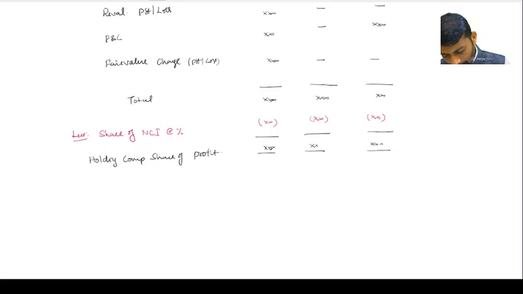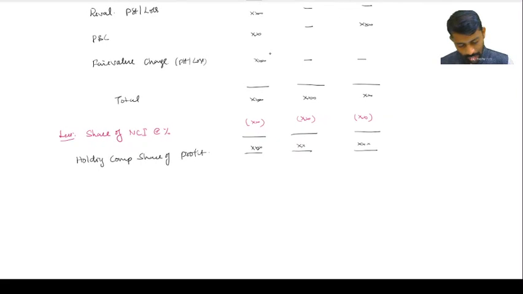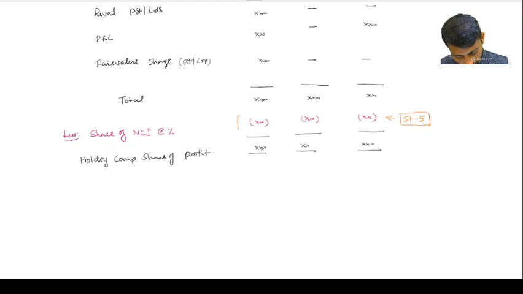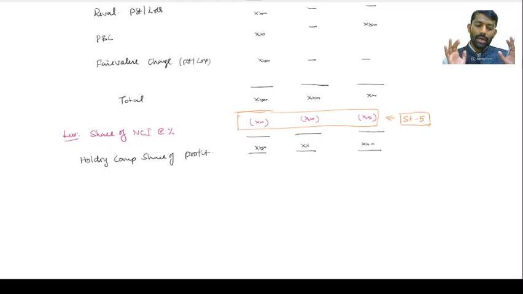Correct? Now, my dear friends, whatever you have written here as non-controlling interest, this total will go to step number 5. Only for the holding company is there a pre-acquisition and post-acquisition.